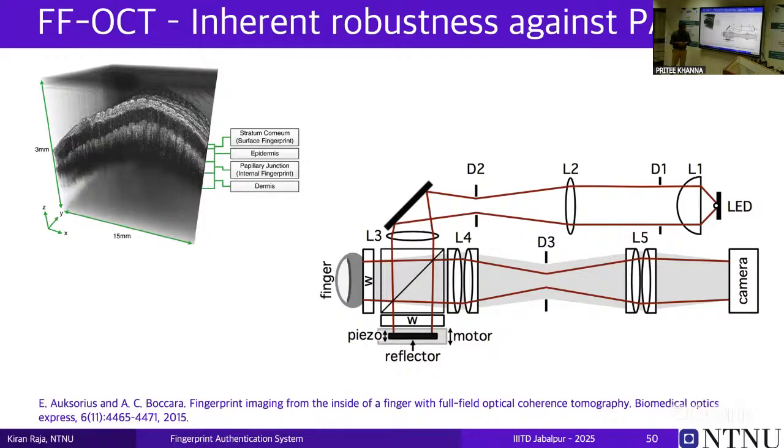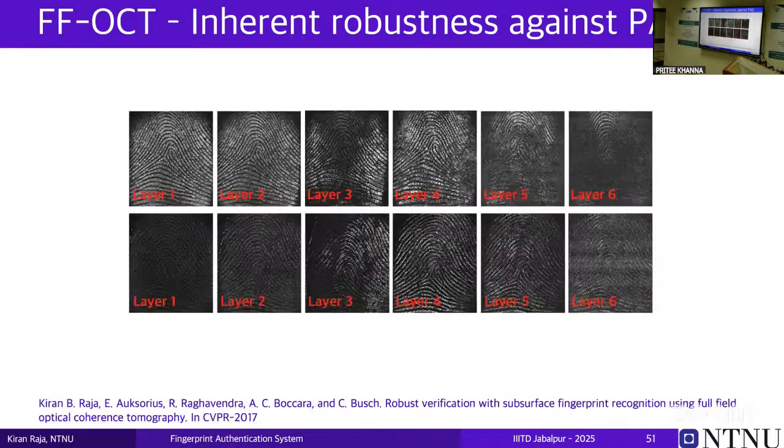Now, this was work done by our partners in France in a project. And how does the fingerprint actually look beneath the skin, once you extract it? You see on the top one, it's layer number one of the fingerprint, and then layer number two, layer three, layer four, layer five, and so on.